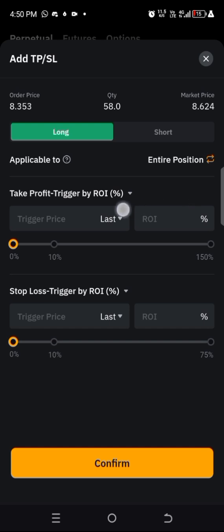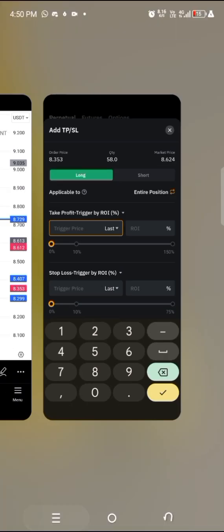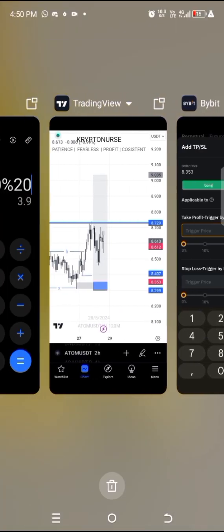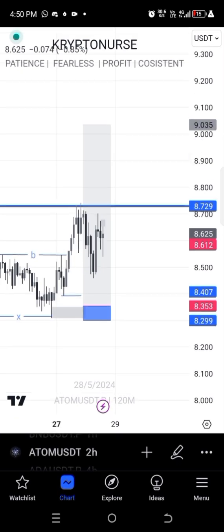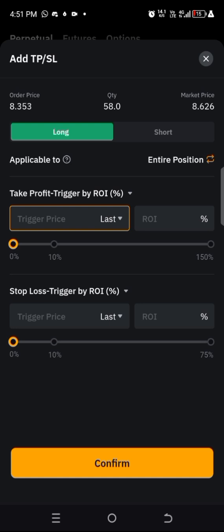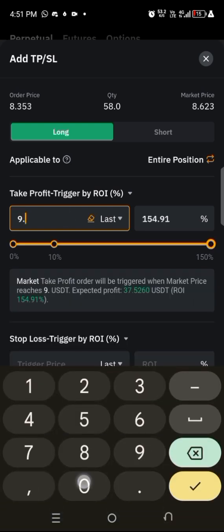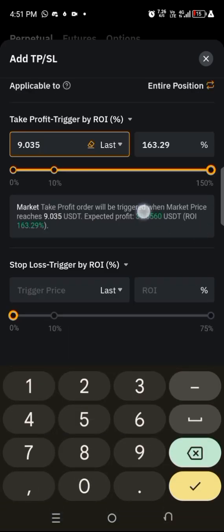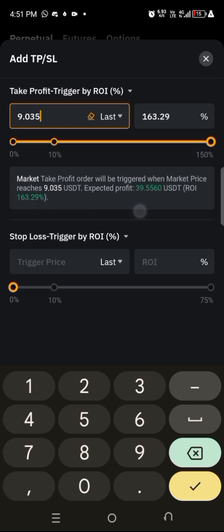So now you put your take profit trigger. Then you put your take profit price. In this setup, our take profit is 9.035. This is the expected profit for that trade, and this is the percentage return of that trade.